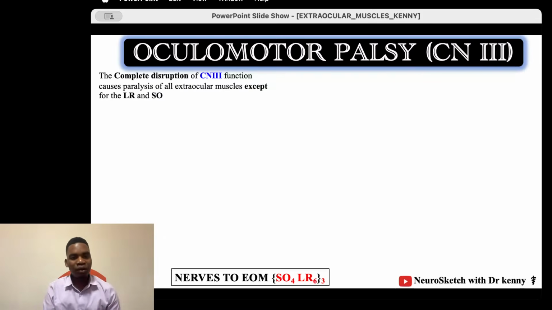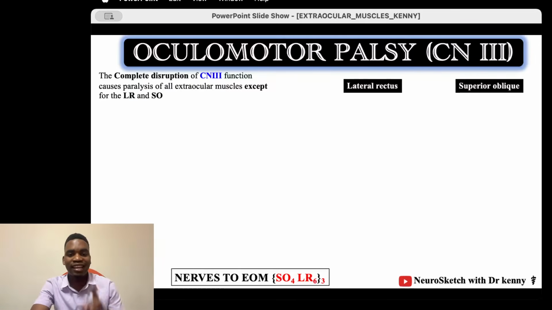So dysfunction of the oculomotor nerve will result in paralysis of all other muscles except these two muscles. What are the muscles? The lateral rectus and the superior oblique muscle.